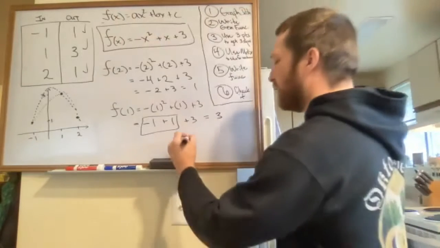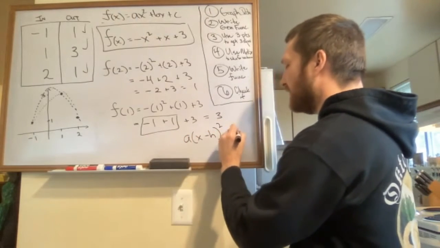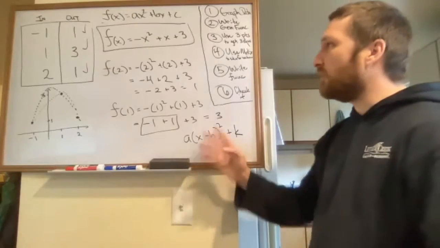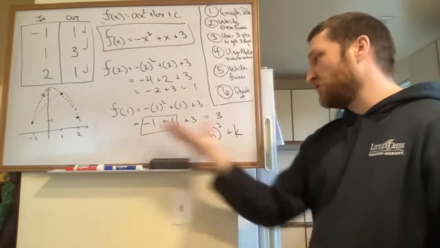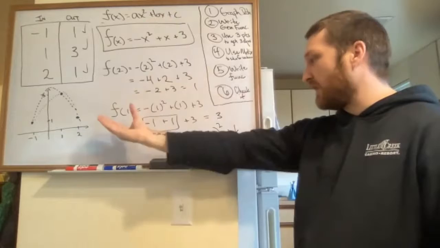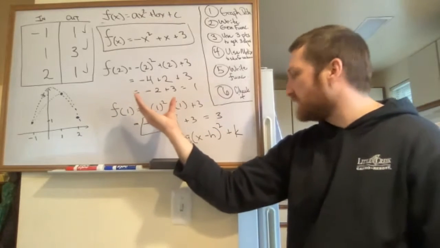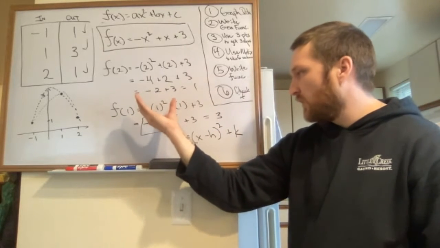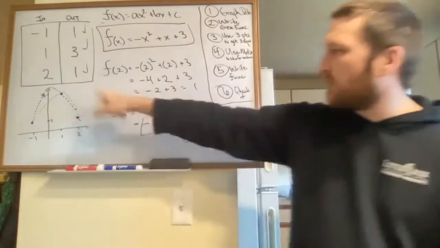We could reason that through by looking at this form right there. Every one of these can be written like this. That means you shift the upward facing cup right or left. And if A is a positive number, it stays upward facing. And so you can't have a positive A and have a downward facing cup.